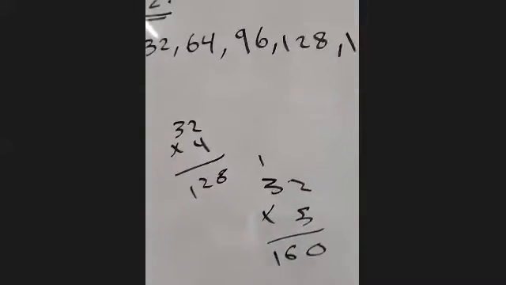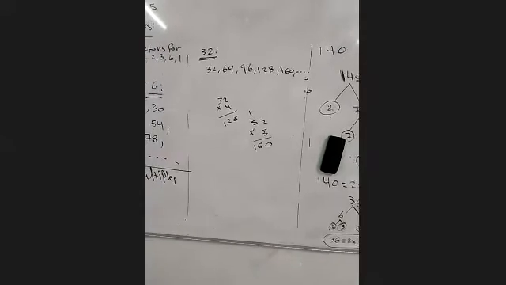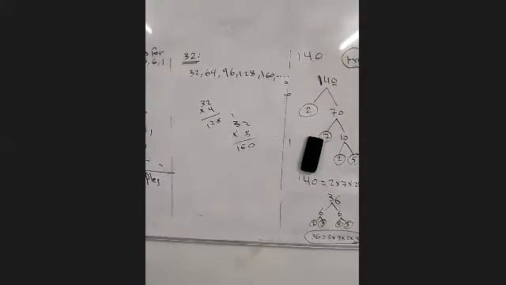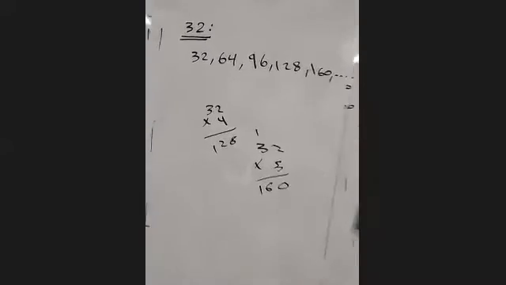And do more. So for any number, I can find multiples by multiplying it with 1, 2, 3, 4, 5, as much as you want. This is what we call multiples.